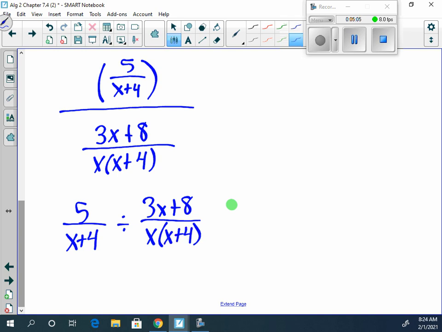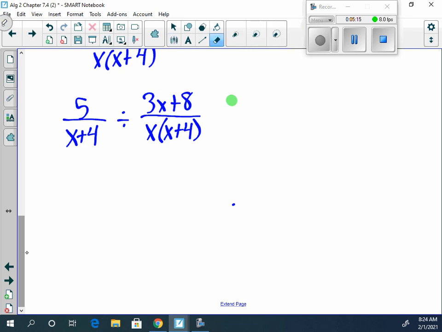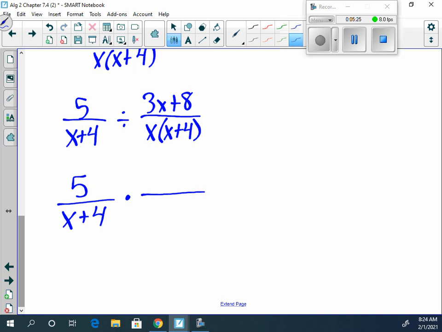Because we're dividing these two. If we're dividing two fractions, we never really divide two fractions. We multiply. We change it from division to multiplication and flip the second.